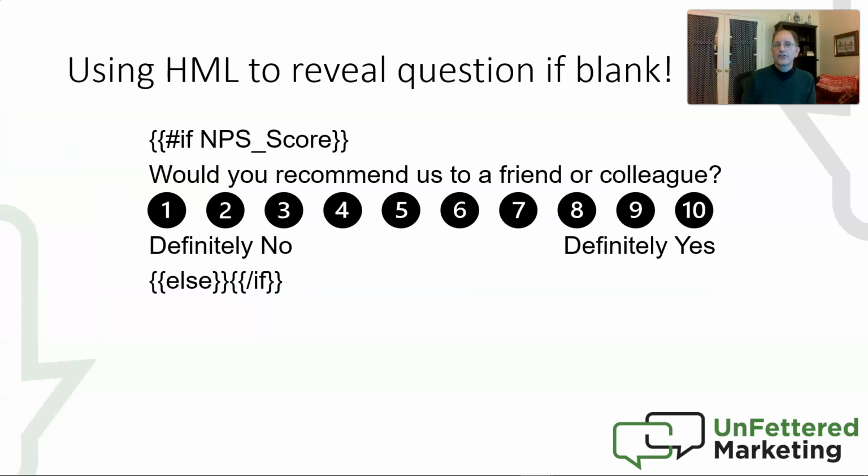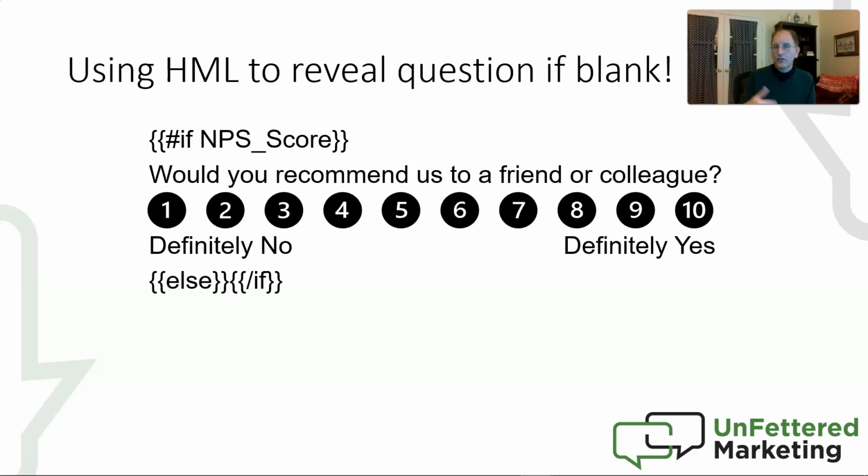Now I'm going to show you another trick here of how to show the NPS score question if the NPS score is blank. So using the handlebar merge language, you can reveal or not reveal the question, because the whole point of the handlebar merge language is it gives you this if-else option: if it's blank, show the content.